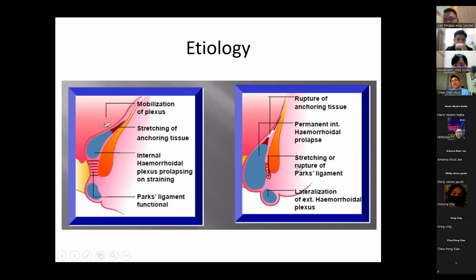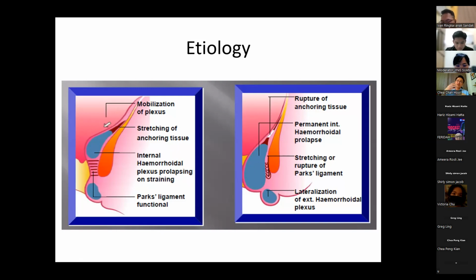In hemorrhoidal disease, what goes wrong is a breakdown in the connective tissue that supports this hemorrhoidal cushion, this anal cushion. This leads to these blood vessels prolapsing downwards. Once it prolapses downwards, it loses support and causes more and more rupturing of the supporting connective tissue.